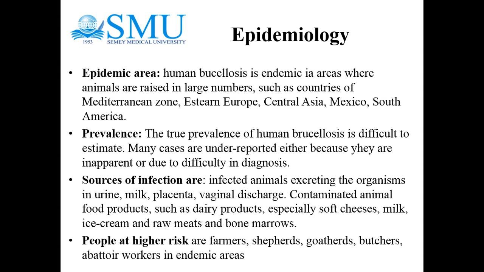Sources of infection are infected animals excreting the organisms in urine, milk, placenta, and vaginal discharge, and contaminated animal food products such as dairy products, especially soft cheeses and milk, ice cream, and raw meats and bone marrow. People at higher risk are farmers, shepherds, goatherds, butchers, and workers in endemic areas.